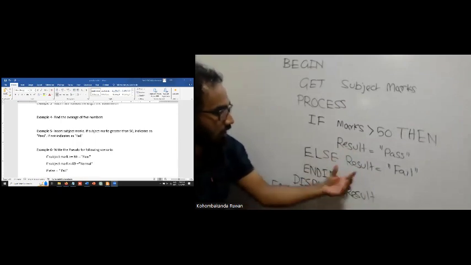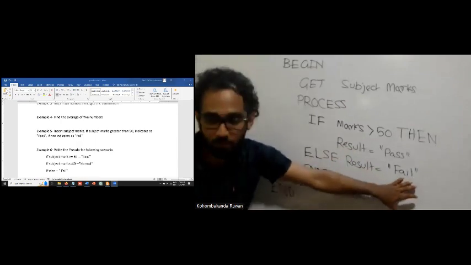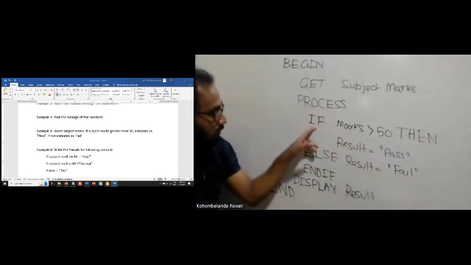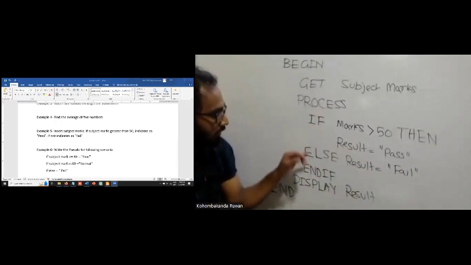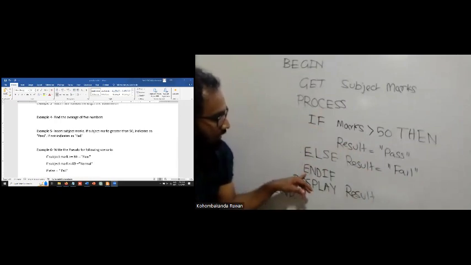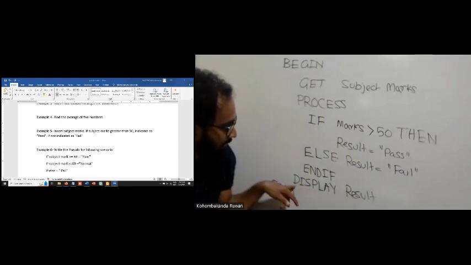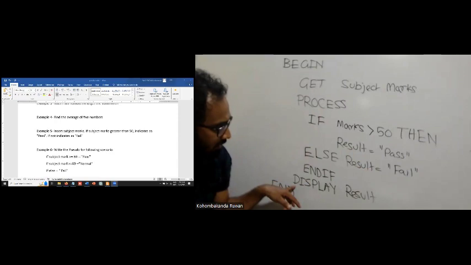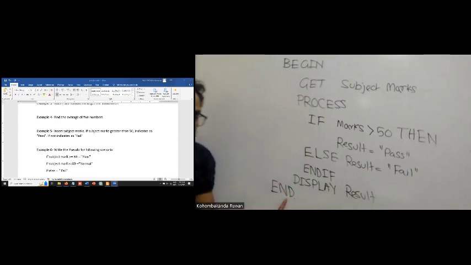Else, result equal fail. Then you have to close the if statement using end if. After that, you have to show the output. You can write output, or show or display result. Then end here.